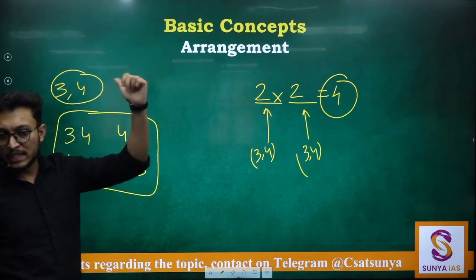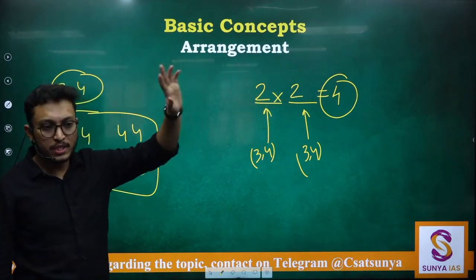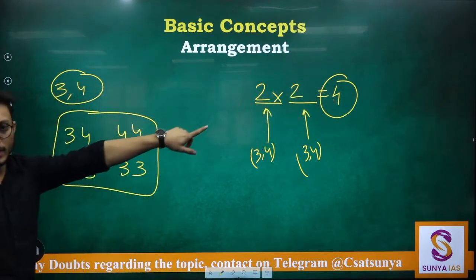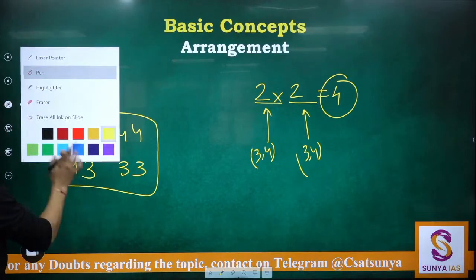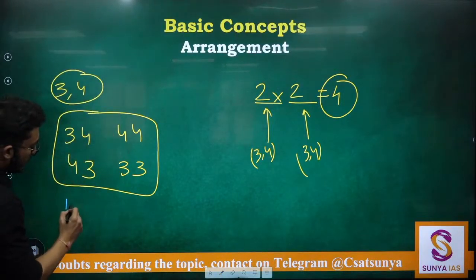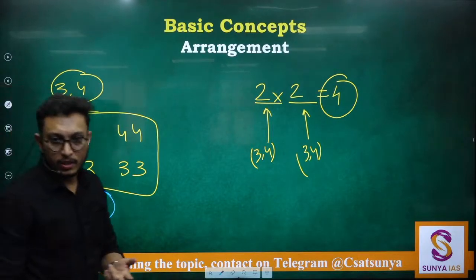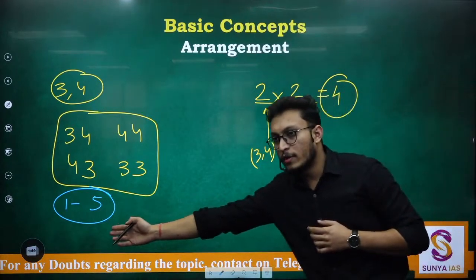I have 2 options, either 3 or 4. For this place I have 2 options, either 3 or 4. So 2 options for this, 2 options for this. In total 4. Suppose I tell you that you have numbers from 1 to 5 and you need to make a 2-digit number. How many 2-digit numbers can you make using digits from 1 to 5?